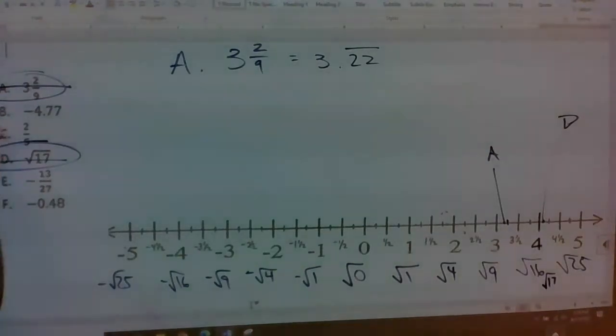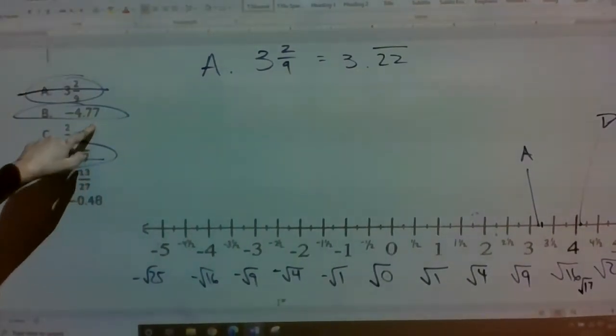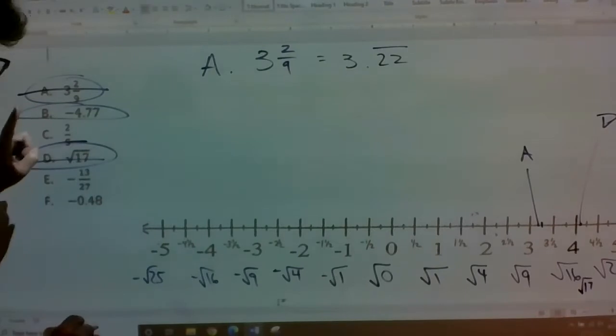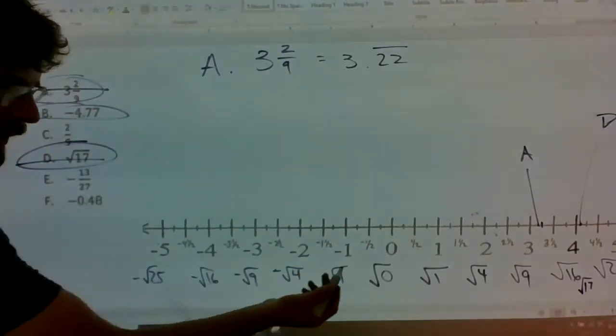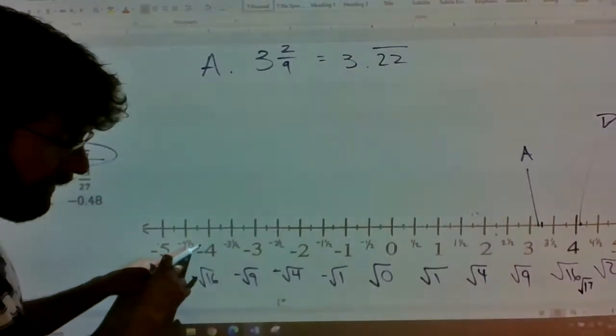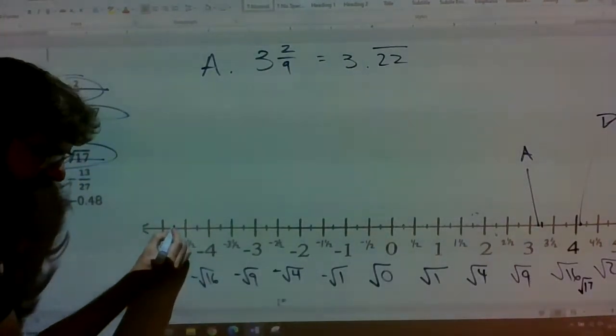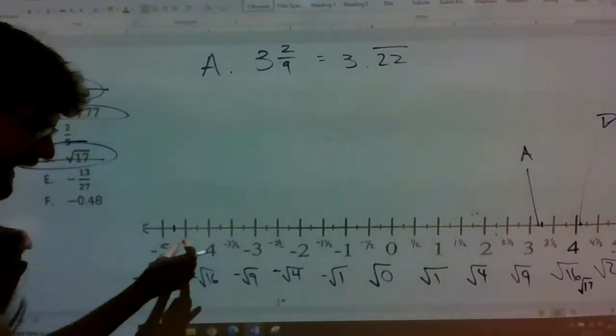Letter B is giving us the decimal right off the bat. Hey, we can do a lot with that. If they're telling us that it's negative 4.77, we go all the way left to negative 4.5, to negative 5.0. Negative 4.75 is exactly halfway between.